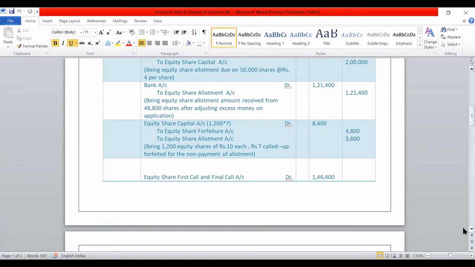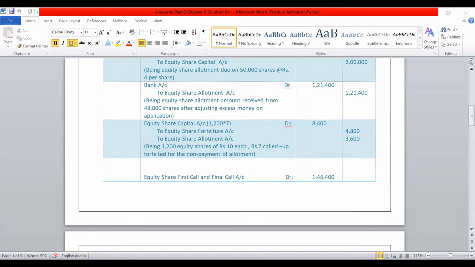So we will debit 1,21,400 to equity share allotment account. The calculation is 48,800 into 4.